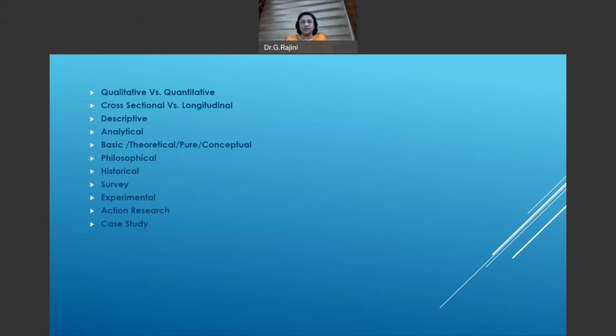So you can classify that as qualitative and quantitative, cross-sectional versus longitudinal, descriptive, analytical, basic, theoretical, pure conceptual. So it's a theory-based type of research, philosophical, historical, survey method, experimental, action research, and case study. Actually, you are supposed to go through research designs as well before you take up research methods.